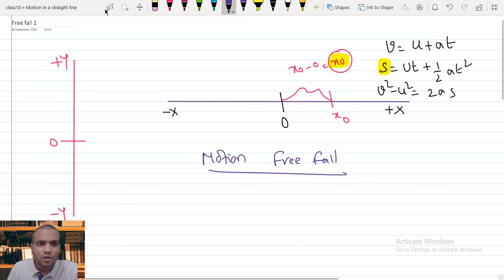So free fall we define like this: the motion of an object only due to gravity.